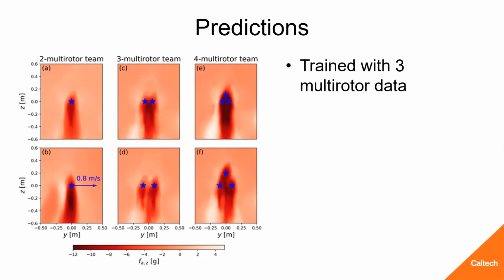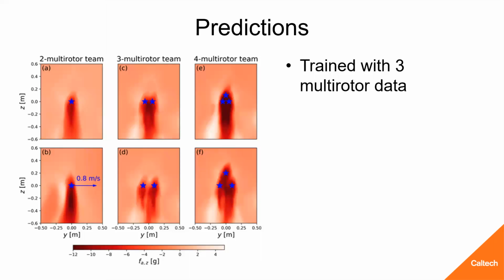And then we can also visualize in those heat maps how FA looks. Those diagrams are a little bit difficult to read. So basically, the idea is if we look at picture A of a 2 multi-rotor team, we have a fixed rotor at, let's say, height 0, doesn't matter.